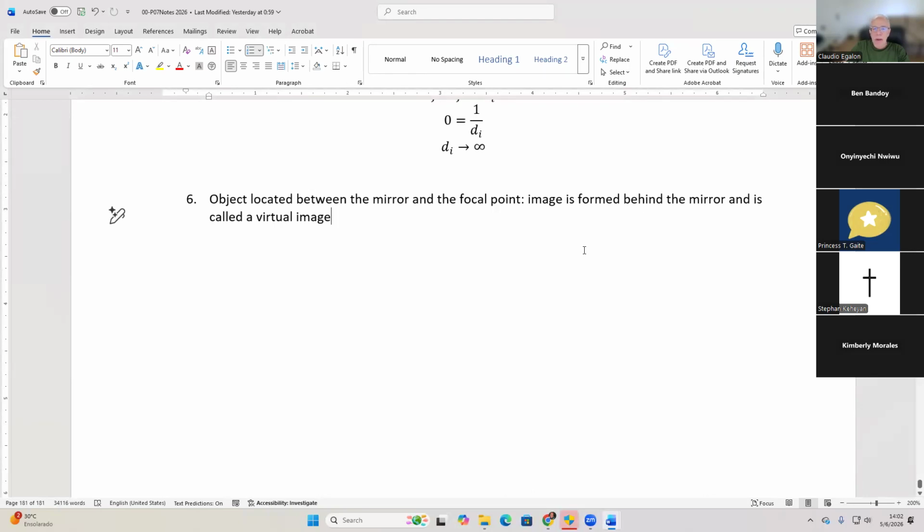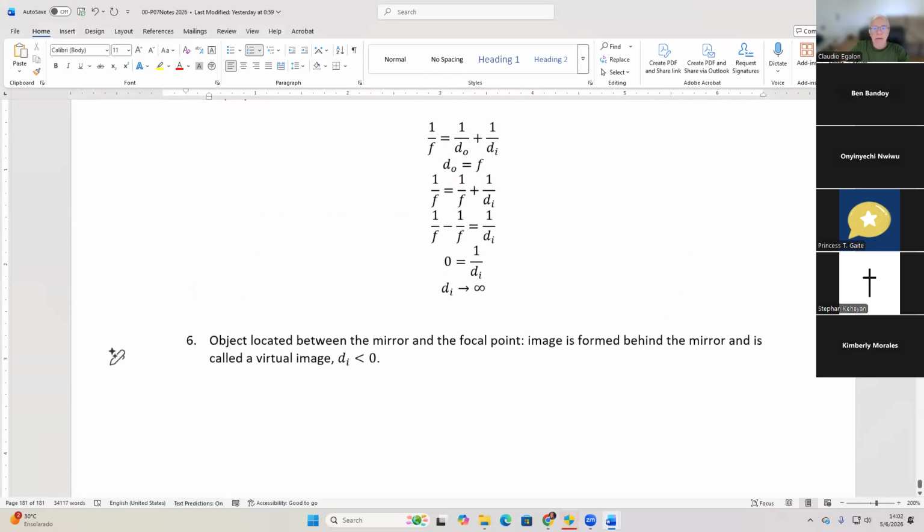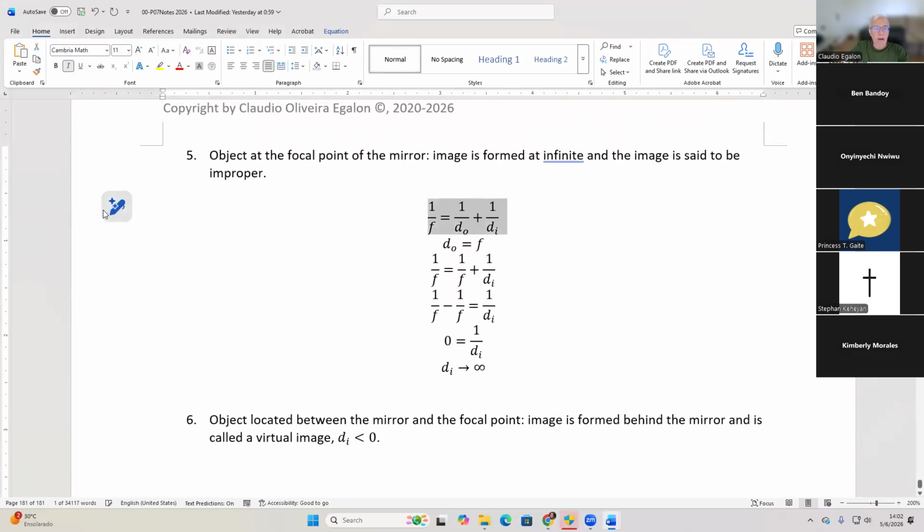How do I know if it's a virtual image? Whenever di is negative, it's a virtual image. Whenever di is positive, it's a real image. And you can see that the image indeed is going to have a negative value.